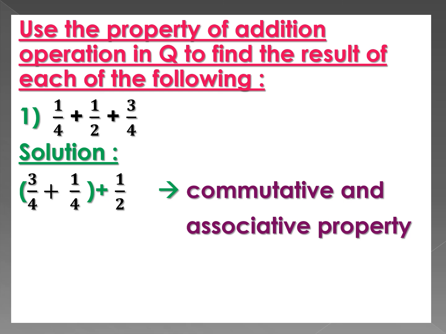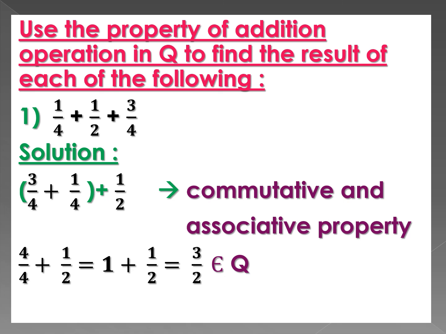It will be 3 over 4 plus 1 over 4 in brackets, plus outside the brackets we'll put 1 over 2. 3 over 4 plus 1 over 4 will be 4 over 4, the result of the fractions added in brackets, plus outside the bracket we have 1 over 2. 4 over 4 equals 1, plus 1 over 2. 1 plus 1 over 2 will be 3 over 2, and this belongs to Q, and this is the closure property.